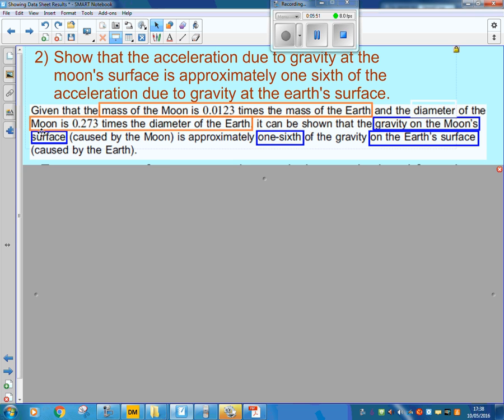But its diameter is 0.273 times the diameter of the Earth, so about 0.27-ish, about a quarter of the diameter of the Earth.